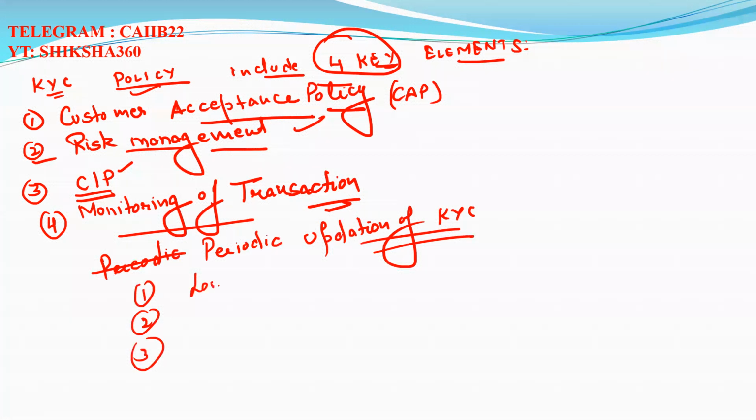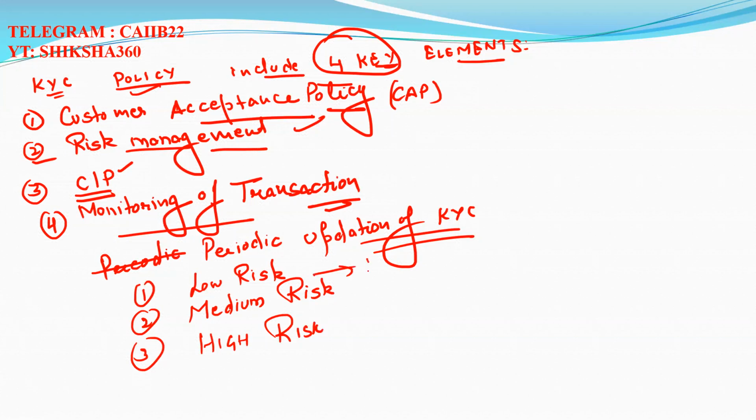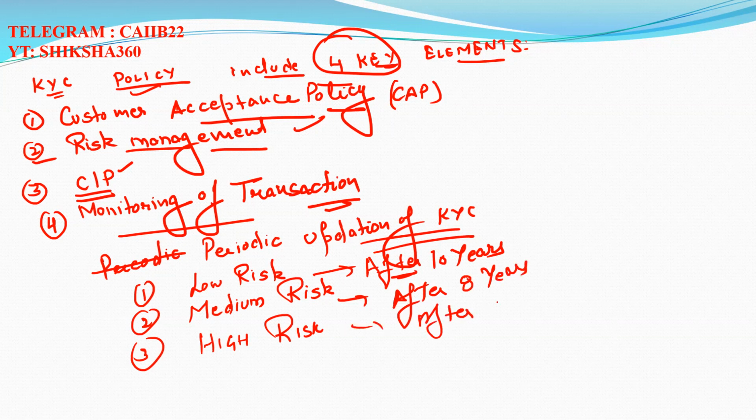There are three categories. Low risk, that is after 10 years. Medium risk, after 8 years. High risk, after 2 years. Okay. Remember that also.